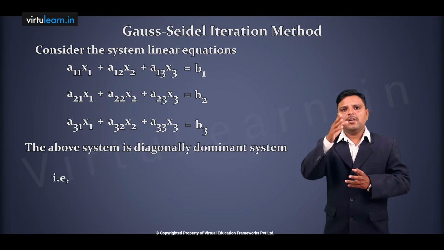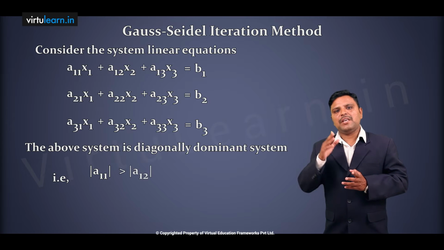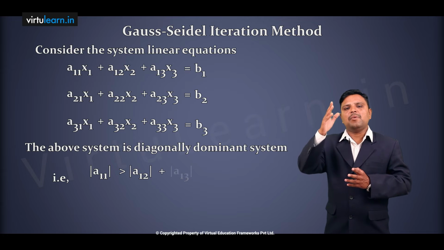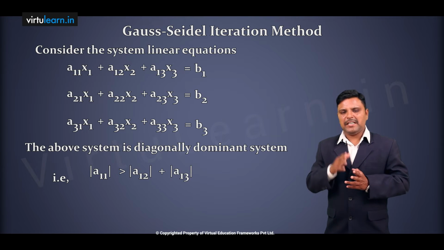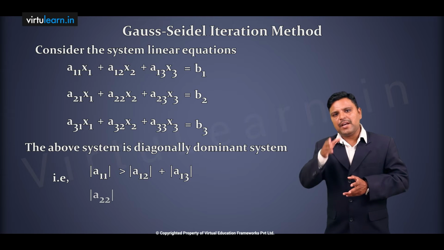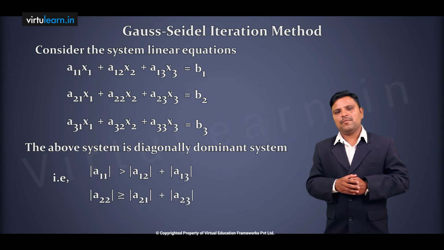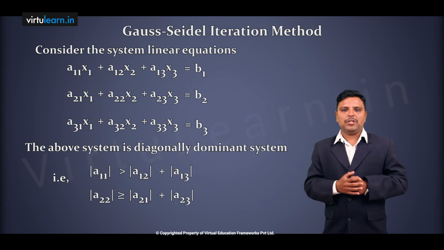That means modulus of a11 is greater than or equal to modulus of a12 plus modulus of a13. Next, modulus of a22 is greater than or equal to modulus of a21 plus modulus of a23.